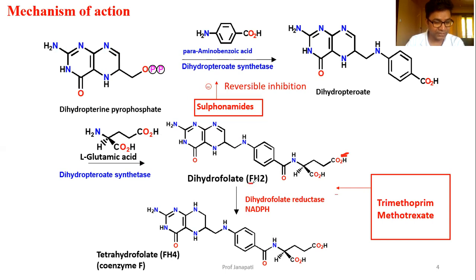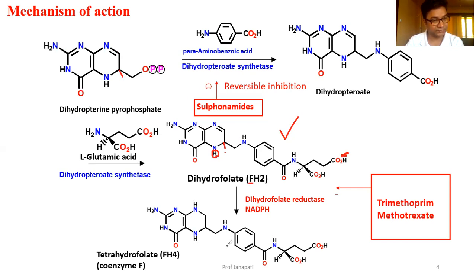F means folic, and H2 means these are the extra hydrogens present. This is one hydrogen, and this is one more hydrogen which was from the start. So dihydrofolate, FH2. Till now we have seen the synthesis of folic acid. Now this folic acid gets metabolized to the active molecule.